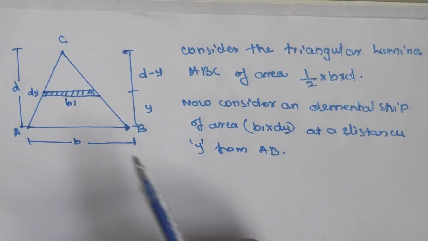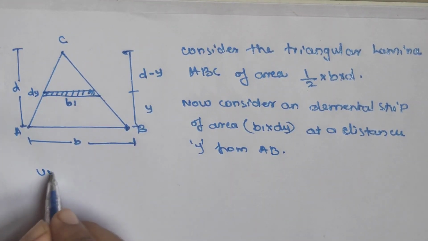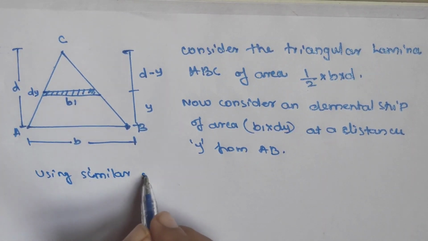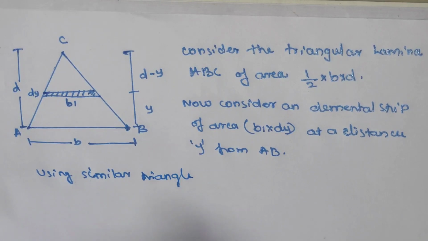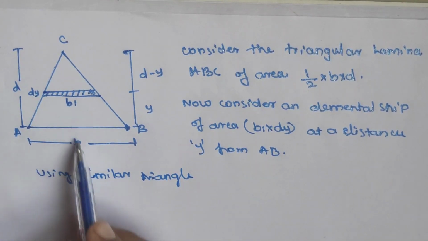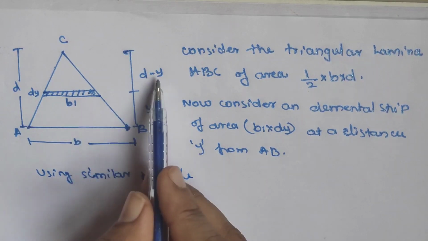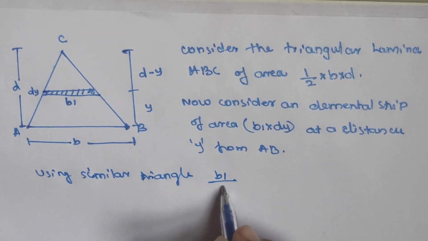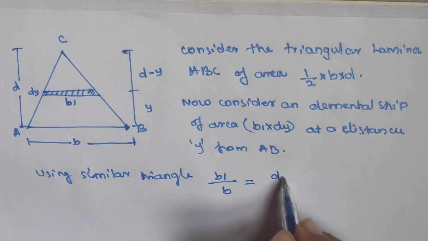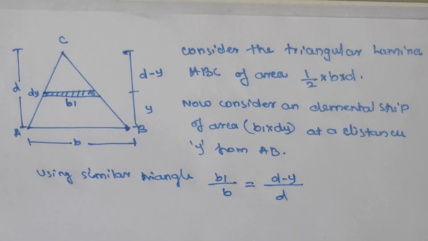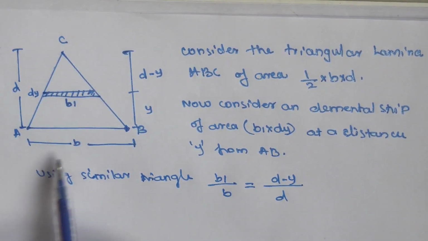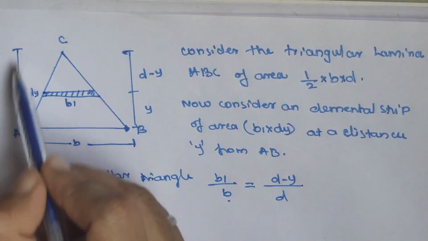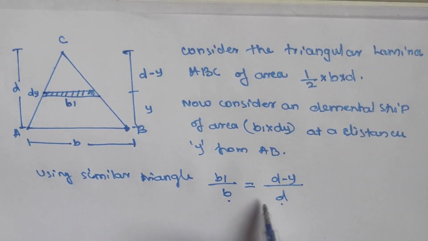Using similar triangles, we can write B1 by B equal to D minus y by D. B1 divided by B equal to D minus y divided by D. Here the breadth of the larger triangle is B, so we wrote it here, and the depth of the larger triangle is D, so we wrote it at the denominator.